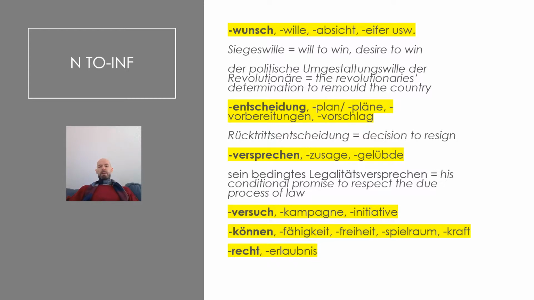And we have nouns that characterize attempts to do something, campaigns or initiatives, often used with a to infinitive in English. The equivalents are, of course, attempt to do something. Können, Fähigkeit, ability to do something, freedom to do something. And Recht, Erlaubnis, the right to do something, permission to do something.